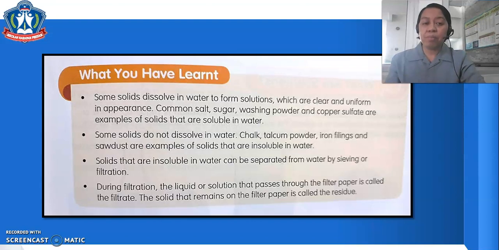Chalk, talcum powder, iron filings, and sawdust are examples of solids that are insoluble in water. Solids that are insoluble in water can be separated from water by sieving or filtration. During filtration, the liquid or solution that passes through the filter paper is called the filtrate. The solid that remains on the filter paper is called the residue.